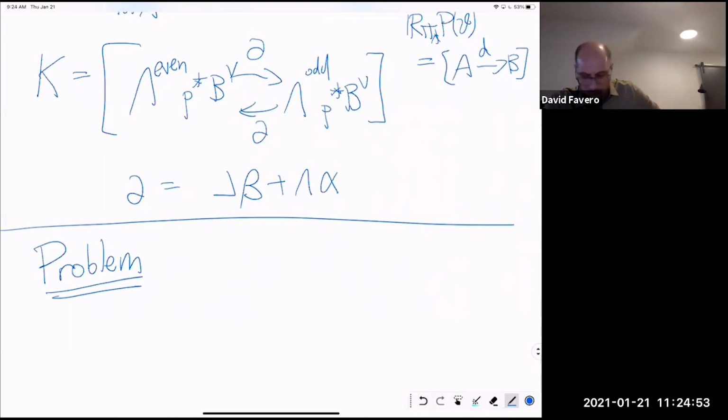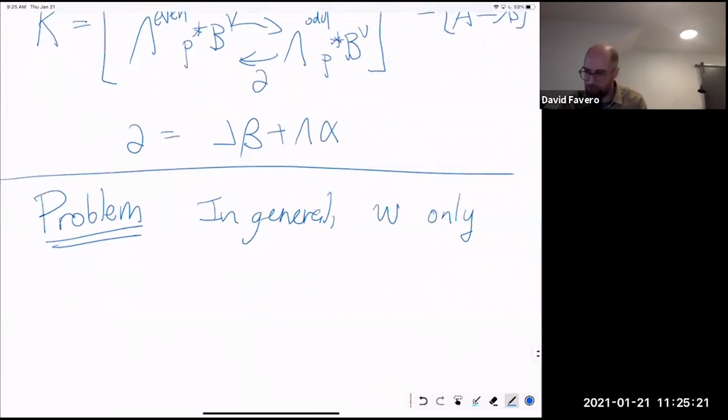That's our virtual cycle. The problem is that I didn't describe how to construct alpha, and in general one can't. In general, W only gives a map in the derived category.